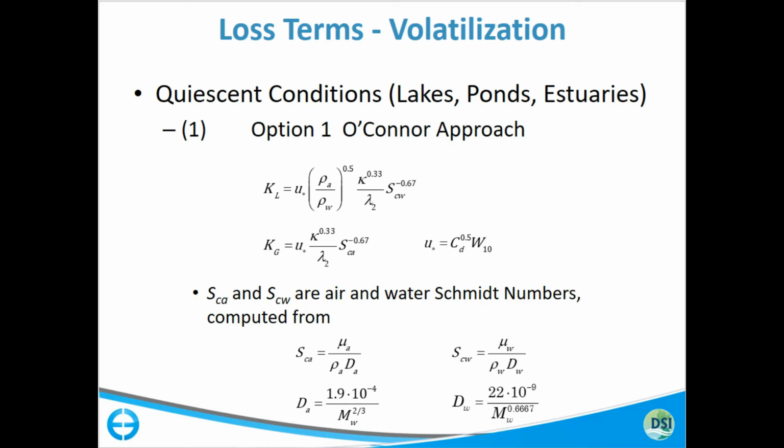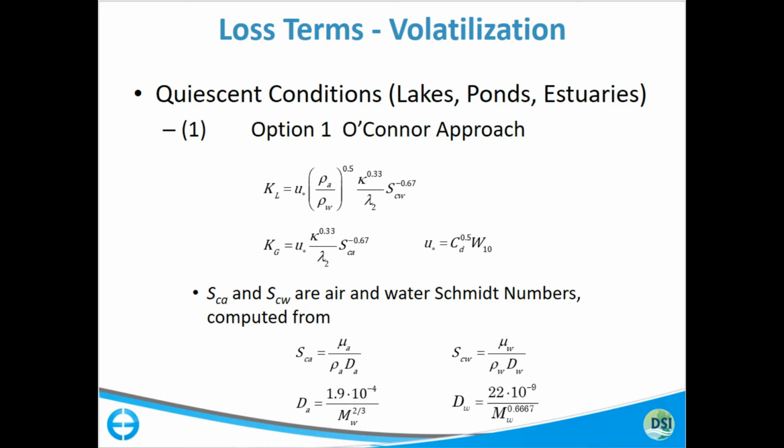The O'Connor approach, where we're calculating the liquid film mass transfer rate using Schmidt numbers here, and the gas transfer, mass transfer rate here using viscosity and Schmidt numbers and von Karman's, and then down here it shows you how these are calculated.